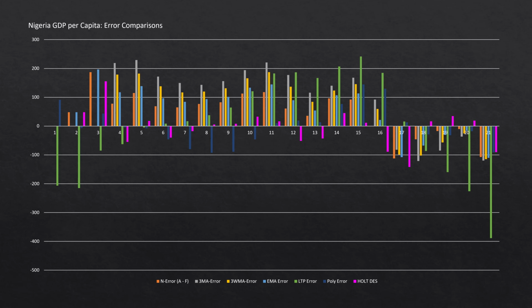The quadratic trend projection is pretty close to the Holt DES. It is there in the darker blue, and the Holt DES is there in the hot pink. So you can tell just by looking at the errors that the Holt DES method will be very similar to the quadratic method in terms of their accuracy. And those two together are much better than the other 5 methods. But we won't really know until we compute the metrics for the forecast accuracy.